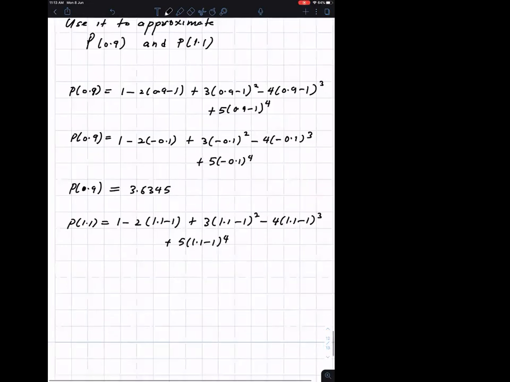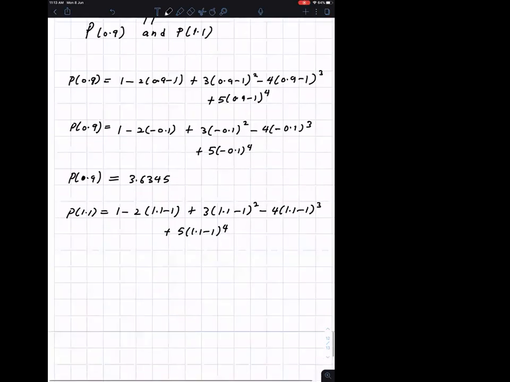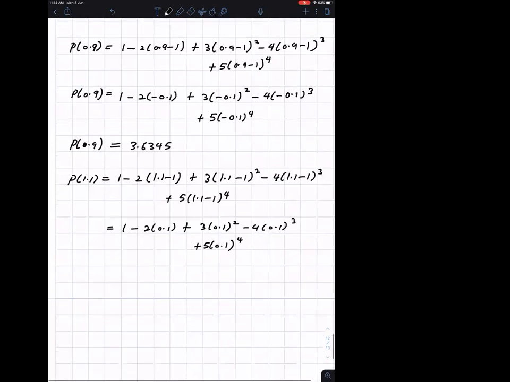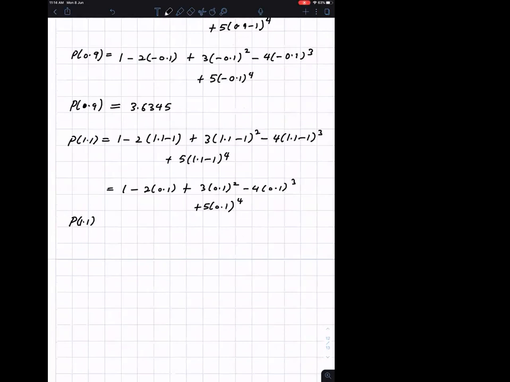So this is going to be just 1 minus 2(0.1) plus 3(0.1) squared minus 4(0.1) cubed plus 5(0.1) to the fourth. This one, P(1.1), I think I got the answer from somewhere. I don't know whether this is right or not. Please check.